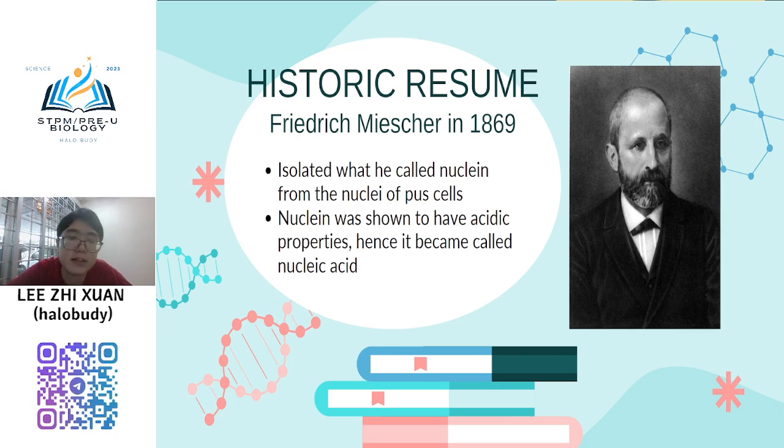Plant cells and animal cells both contain a nucleus, and when they isolated this component from the cell, they found it in the nucleus, so they named it nucleic. And acid is because it shows acidic properties. So the name is nucleic acid.